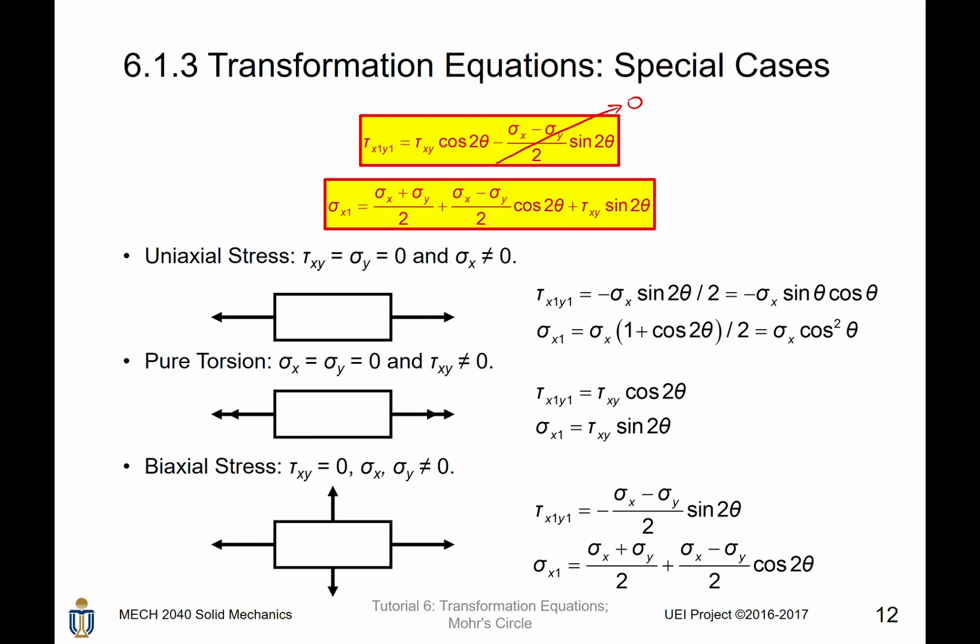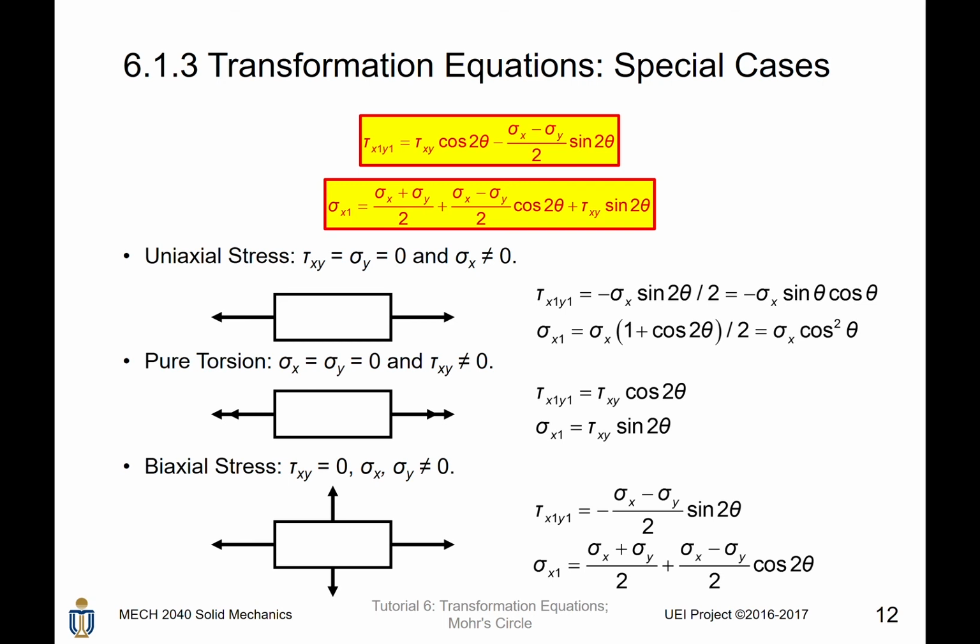Besides, for the direct stress on the inclined plane, we have sigma x and sigma y equal to 0, so the two terms in the front are eliminated. What remains in this formula is just tau xy sine 2 theta. Therefore, the direct stress in the x1 direction is given by tau xy sine 2 theta.